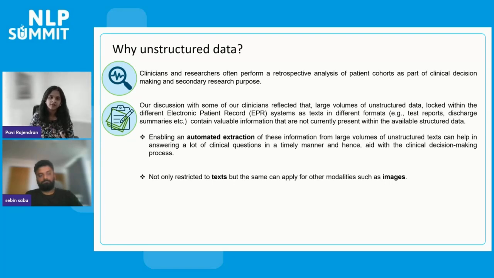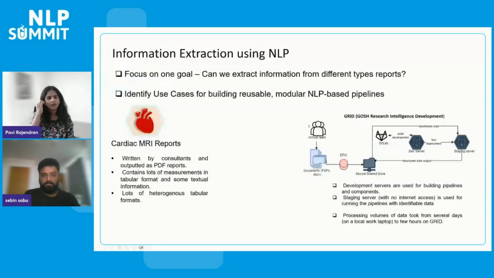By providing this information, we are able to capture data that's not present in the existing structured information, and this could be used for research purposes. And this is not just restricted to text. We would find this type of information also present in other modalities like images. Now Sebin is going to focus on the use case and he will discuss it.